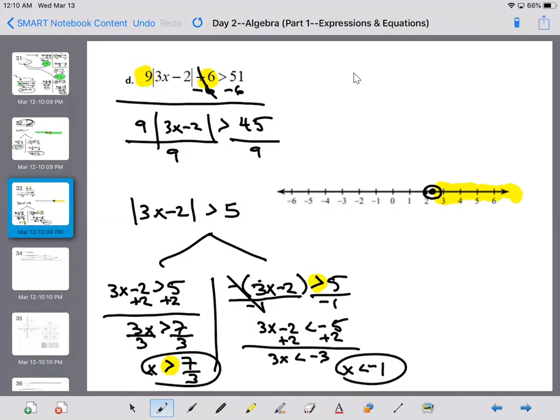So I want to come over here to negative 1 in an open interval, and then I want everything to the left. So this is one of those unions of two sets. So every value to the left or every value to the right will make this a true statement.